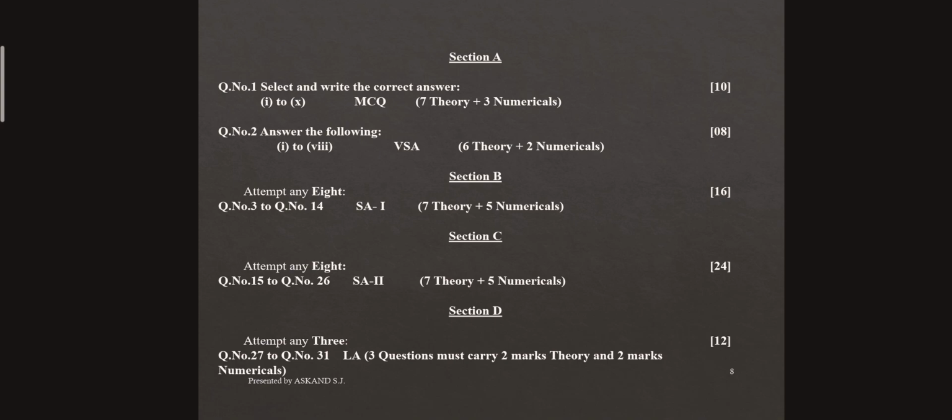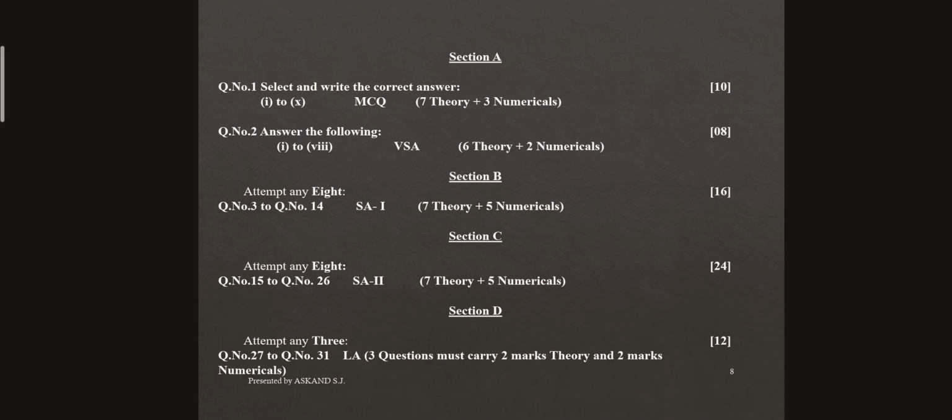See here, in the MCQs you will have 7 theory questions and 3 numericals. Again in section A, another question, the very short answer type, will have 6 theory questions and 2 numericals.